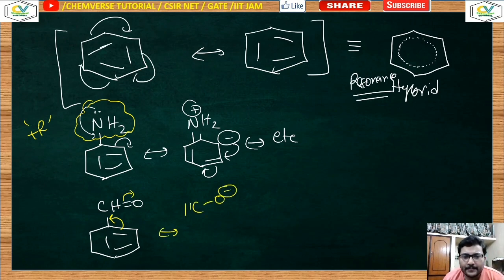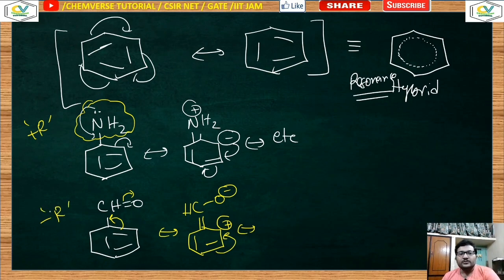There will be a positive charge, and now the positive charge is circulating throughout the ring. So these are all nothing but your resonating structures. Here the benzene ring is donating electron density, so CHO is accepting electron density, it is pulling electron density. So this CHO is an electron withdrawing group and it is called a minus R group.